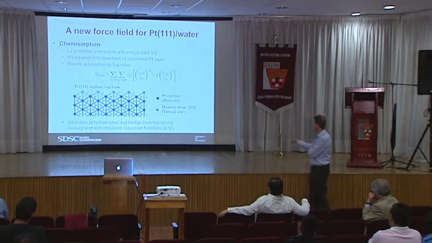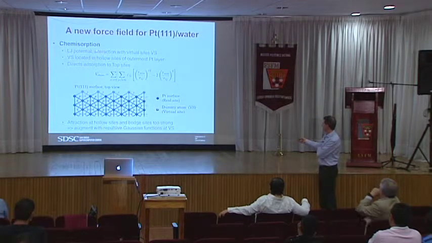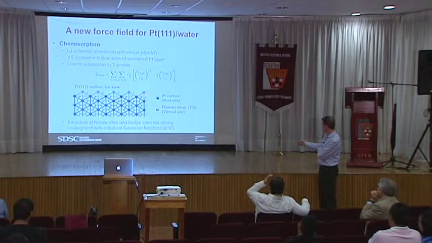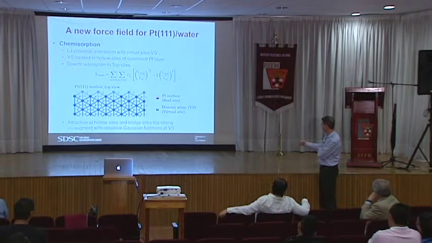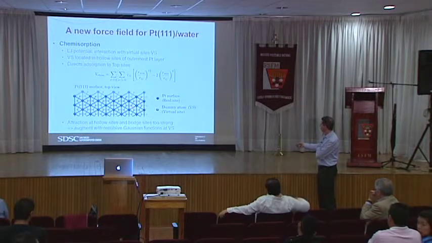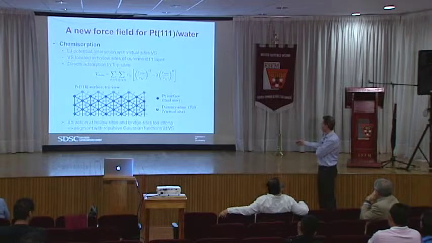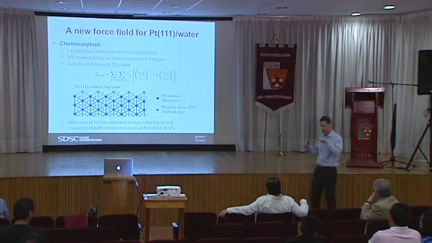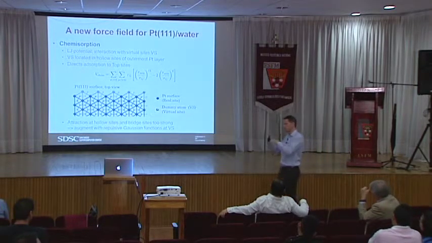So we have this Lennard-Jones potential. If you look at the surface here, the blue spheres are platinum sites. We add virtual sites at all the hollow sites, in between the platinum atoms at the surface, because if you do that and use a potential like this, it drives the adsorption on top of the platinum.